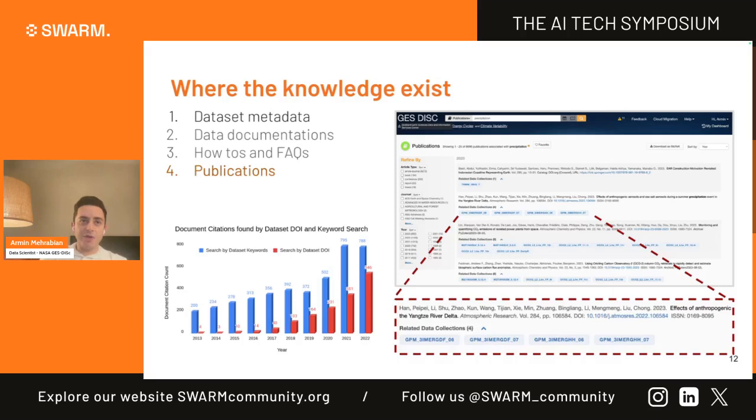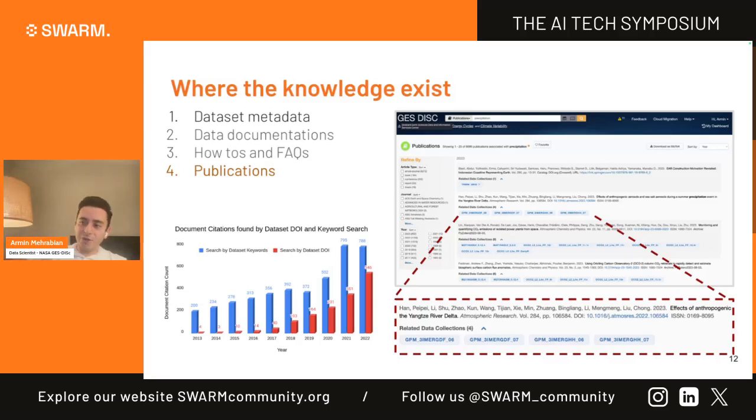For example, what I'm showing you on the right is the publication search part of our website. For a particular keyword like precipitation, you can see a list of publications that have used our data, and some of the data sets that they have used in that publication.